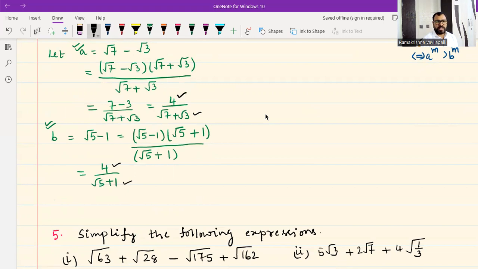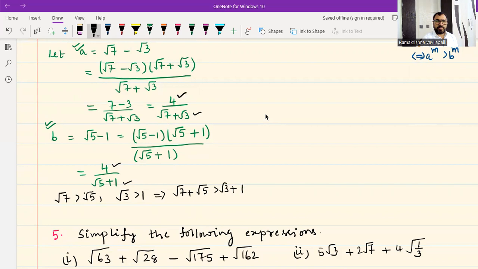Now you see clearly root 7 is greater than root 5, or 1. Root 3 is greater than 1. Now adding these two, root 7 plus root 3 is greater than root 5 plus 1.